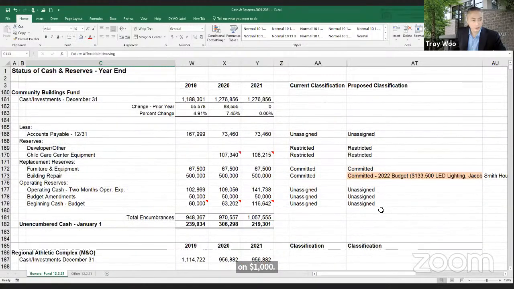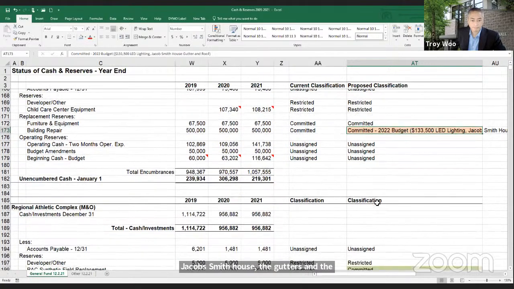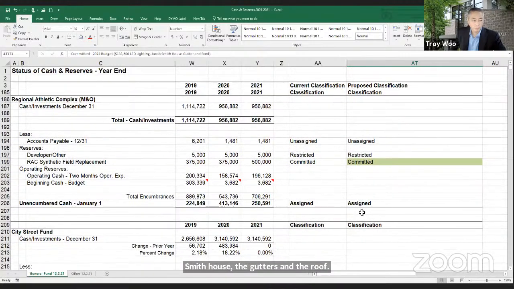Community buildings, just a note that we're going to use some of the building repair reserve for LED improvements, as well as some repairs to the Jacob Smith house, the gutters and the roof. The RAC M&O budget basically added a little bit to the field replacement reserve.